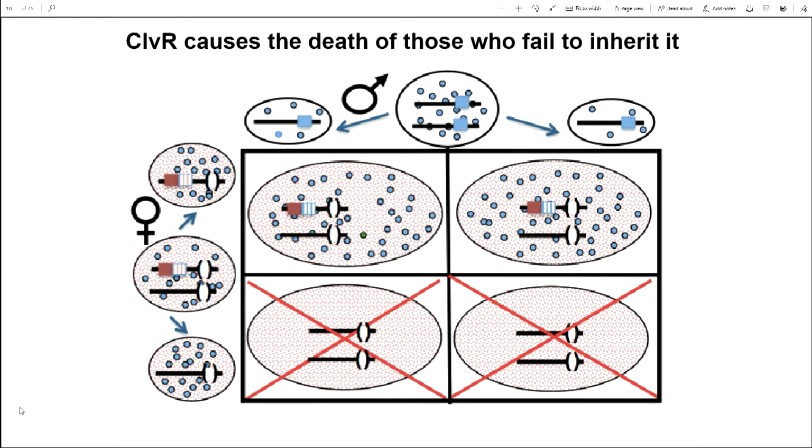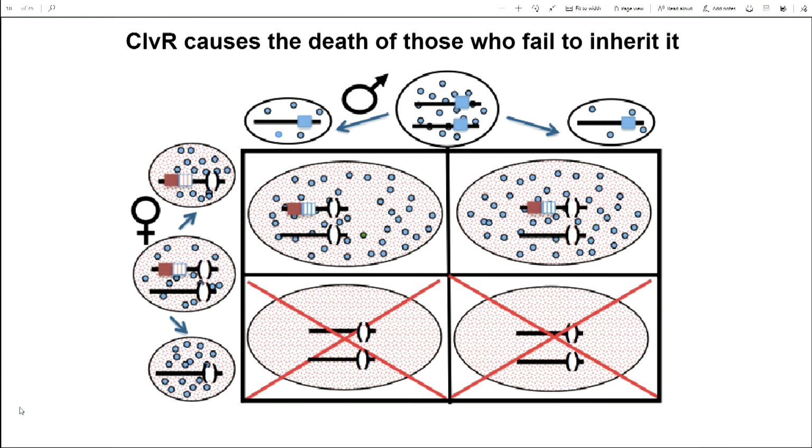And what that means then is that when this heterozygous female mates with a wild-type male, all of his wild-type copies of the essential gene get cleaved, and thus the only individuals that survive are those that inherit the cleaver element. Those that fail to inherit cleaver die because they inherit no functional copies of the essential gene.